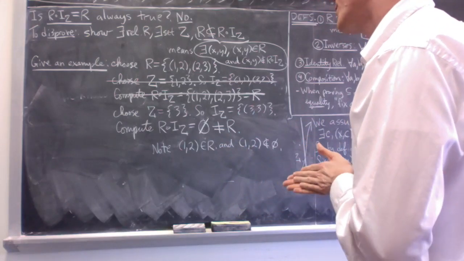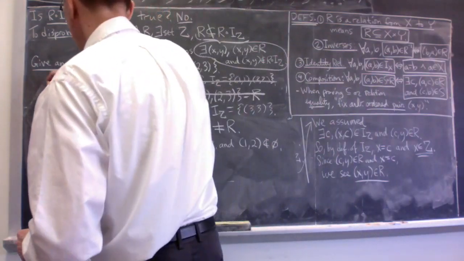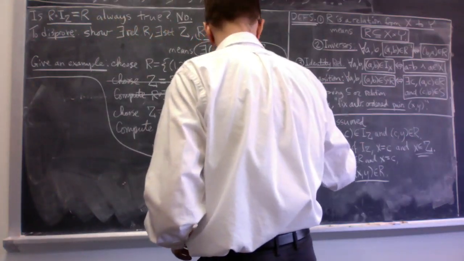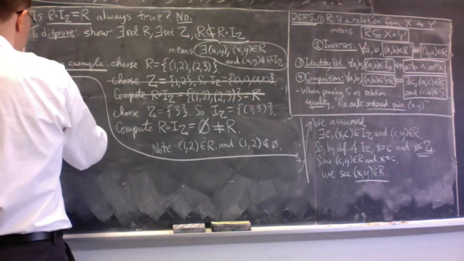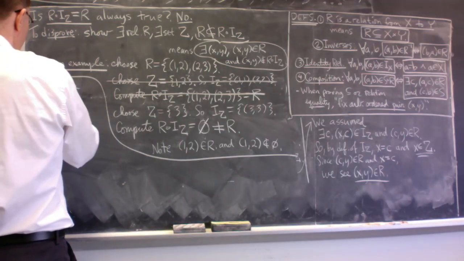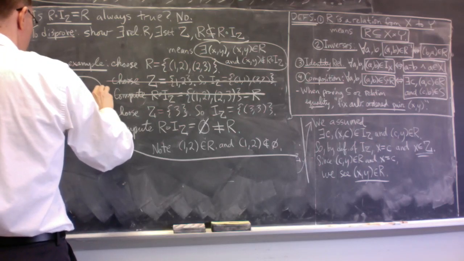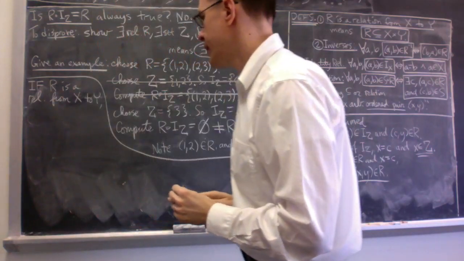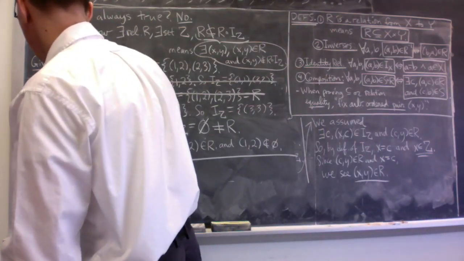Now you might be disturbed that it didn't work. There is a variation of this in the theorem where it does work, which I'll just state, and this will be an exercise or something. If R is a relation from X to Y, if you have that extra information, then it actually is the case. You have to do it in the right order.